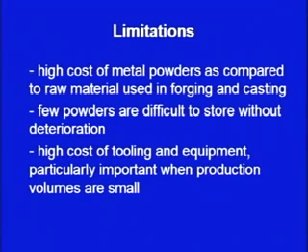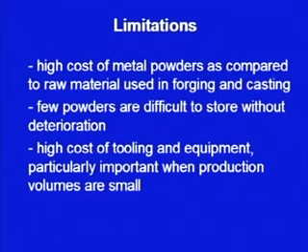The metal powder production for use as a raw material in the powder metallurgy process is important, and the cost is more as compared to the raw material used by the basic manufacturing processes. Few powders are difficult to store without deterioration. In our section on hazards with metal powders, we have seen that metal powders are sometimes hazardous and they may undergo deterioration or contamination. So, that has to be avoided.